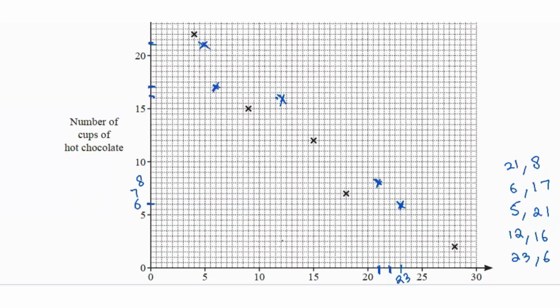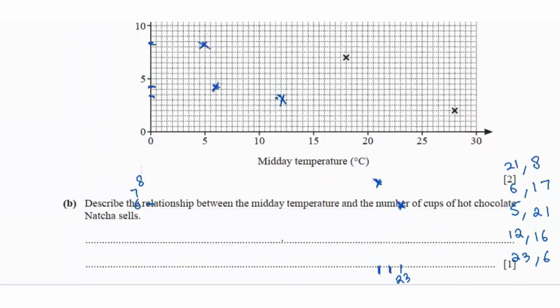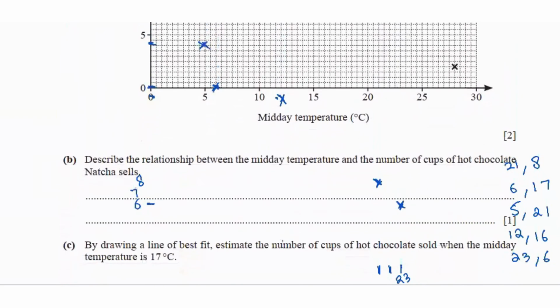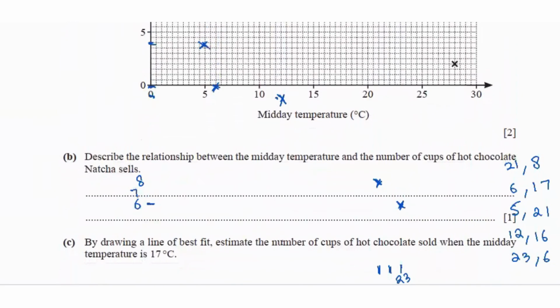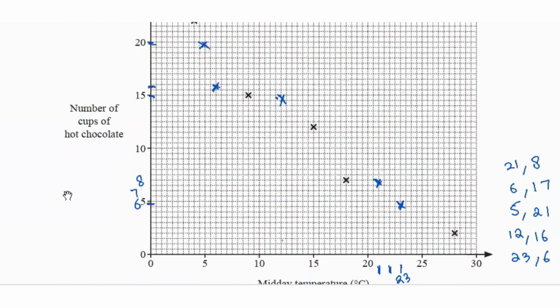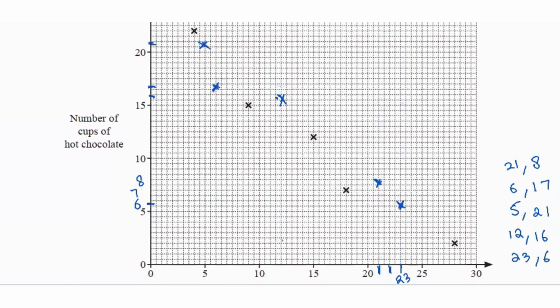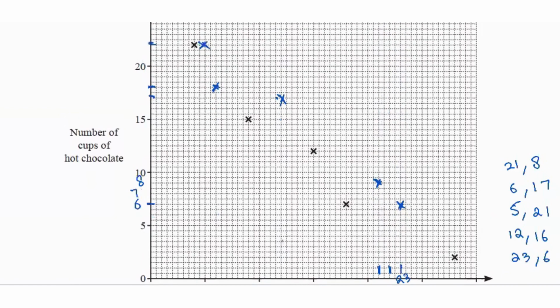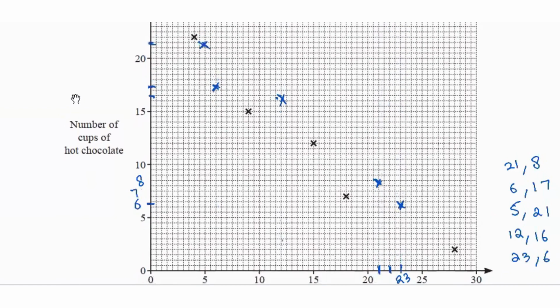Okay, so then they're asking us to describe the relationship between the midday temperature and the number of cups of hot chocolate. So as you can see, as your midday temperature is increasing, your number of hot chocolate is decreasing, because obviously as it's getting hot, nobody wants to get the hot chocolate.